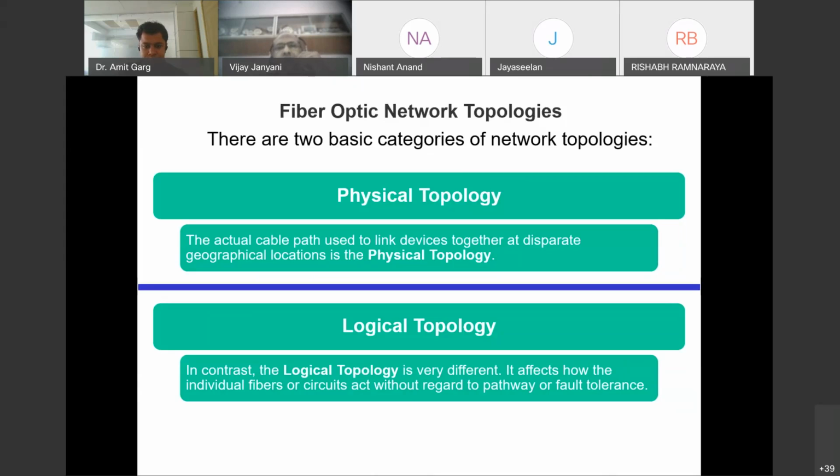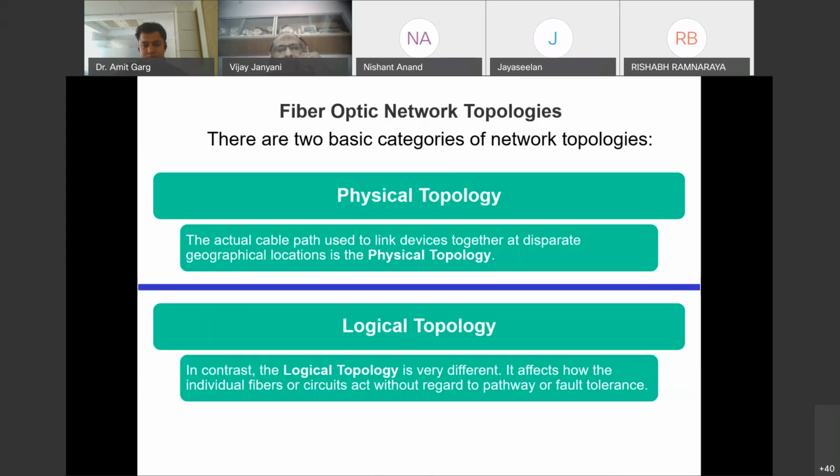This is how the evolution of optical networking has taken place. As I mentioned earlier in the morning, the point-to-point fiber transmission, of course, was the first major breakthrough in optical communication. You had a point-to-point link from one fixed point to the other point.